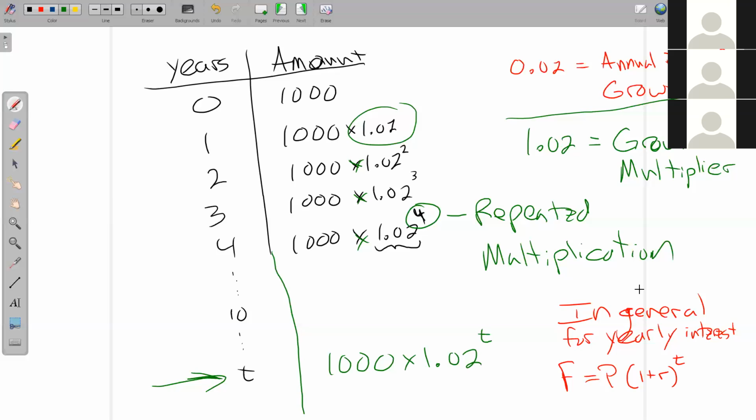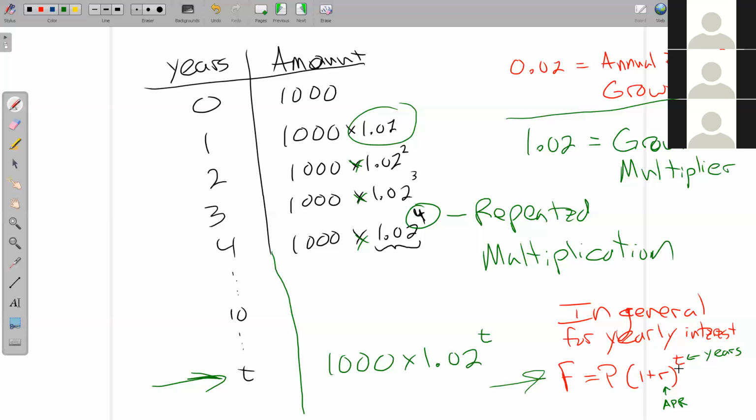The only things I want to emphasize here, that's the same P we've been talking about. This R right here would have to be the APR, and this T right here would have to be years gone by. So the first part of the lesson is just working our way up to this formula so you can have a similar situation that you're playing with.